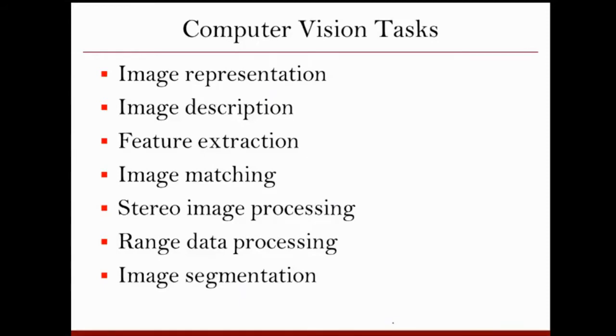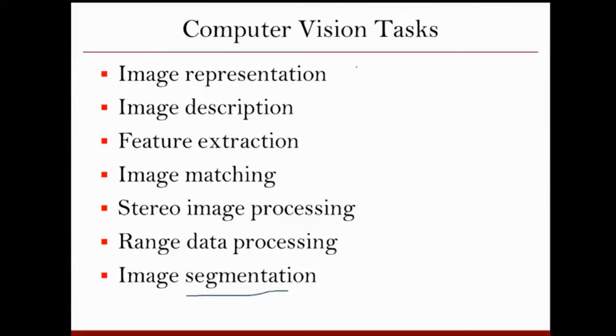Now, if you see all the kinds of tasks that we do in computer vision, you can classify them into one of these tasks that I listed here. You might be doing image representation, image description, feature extraction, image matching, stereo image processing, range data processing, or image segmentation.